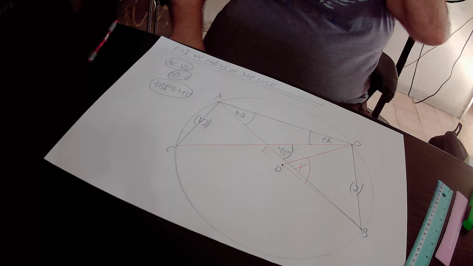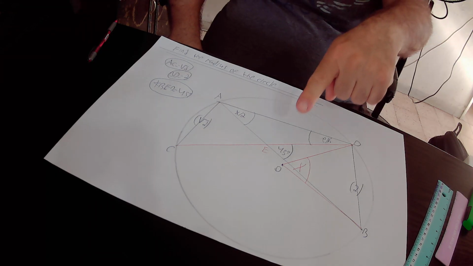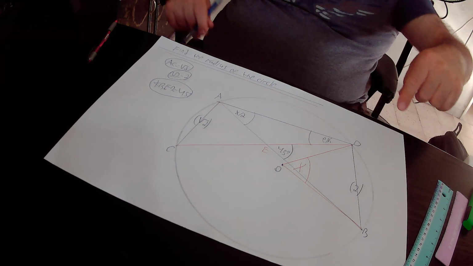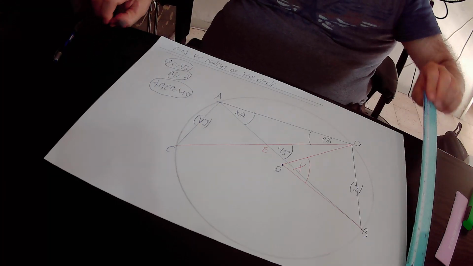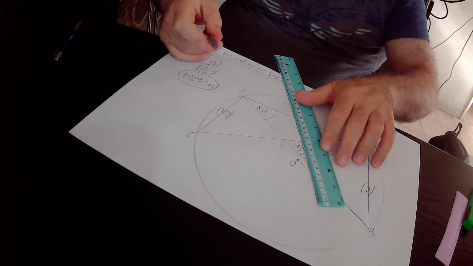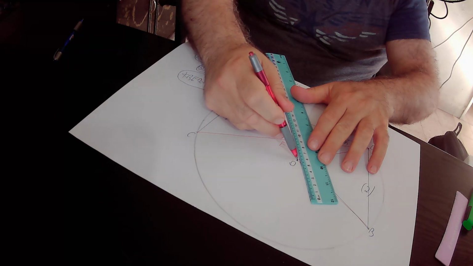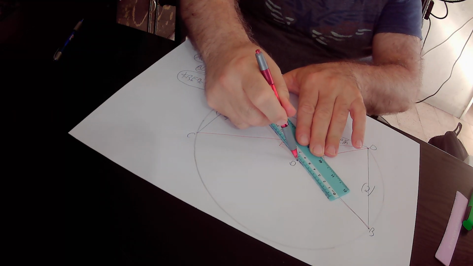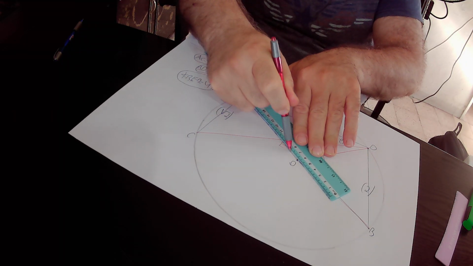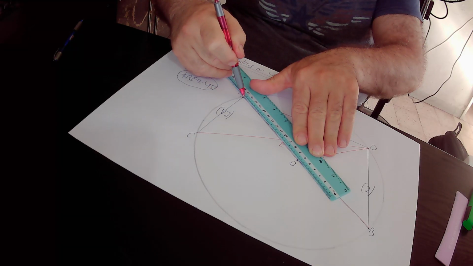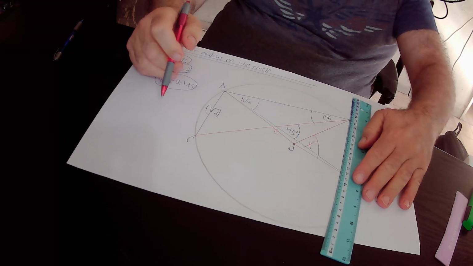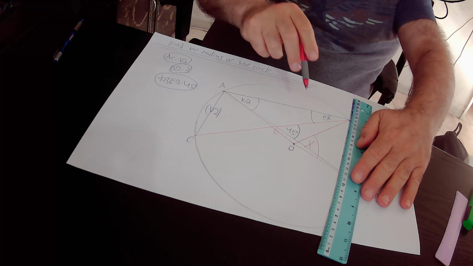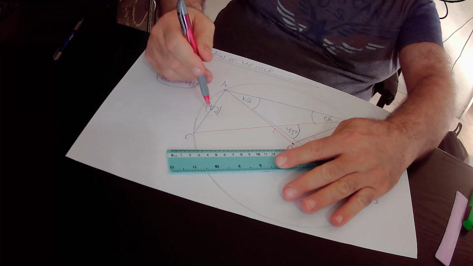In the next step, we join points O and A together by a straight line. Likewise, we join points O and C together by a straight line.